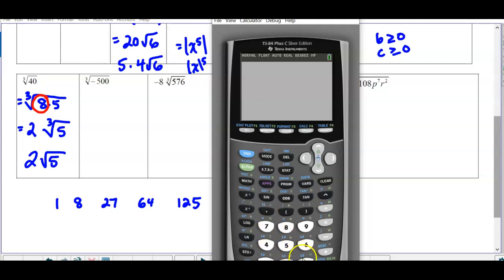So if I go math and then cubed root of 40, and then let's say I thought it was 2 root 5, I know right away that I did something wrong. So then I go back, oh yeah, it should be 2 cubed root 5. And then those match, right? The original and my simplified. So that's a way to check.